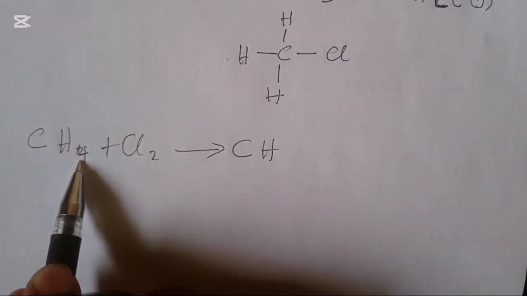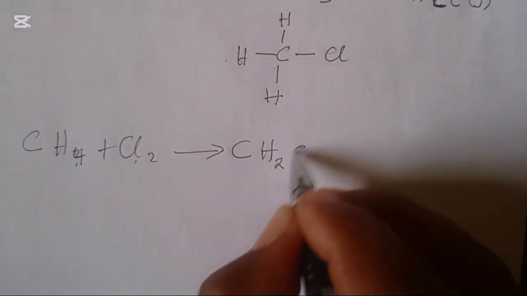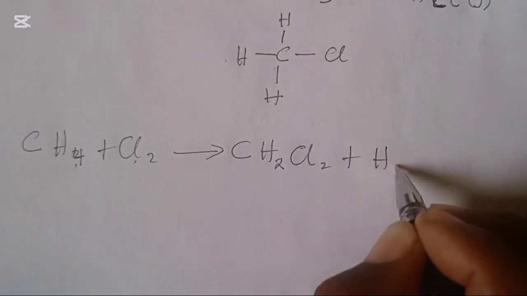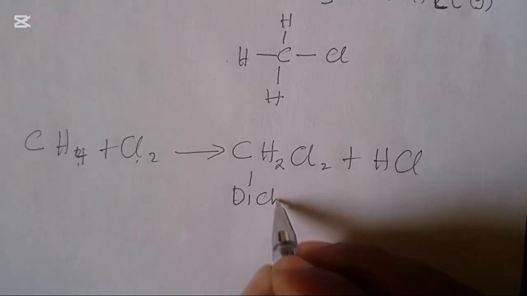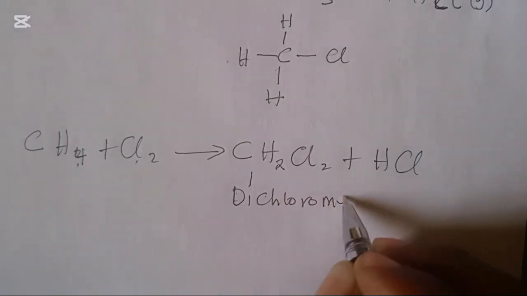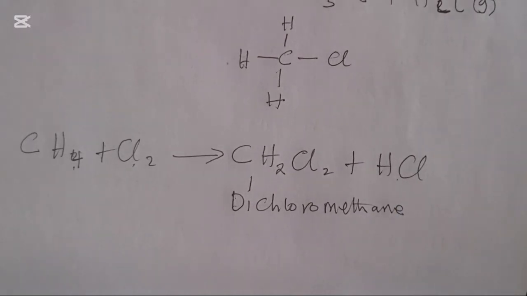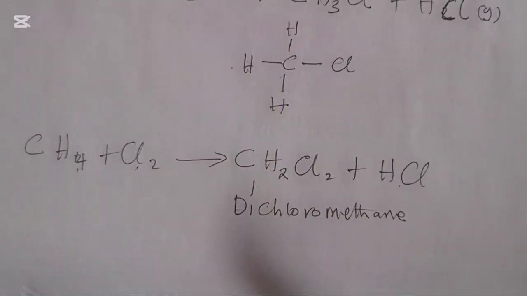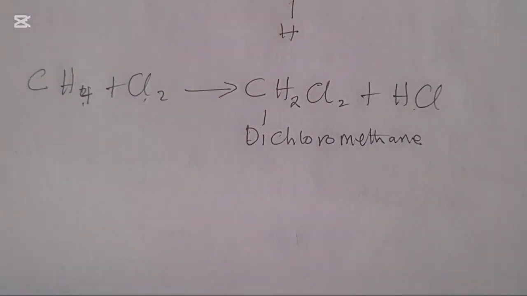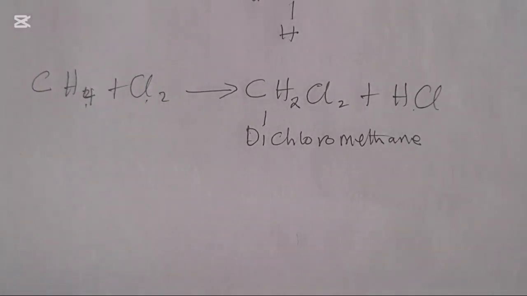So when two hydrogen atoms are replaced by two chlorine atoms, we are going to have dichloromethane plus hydrogen chloride. Okay, so the structure, we are going to have chlorine this side, chlorine that side. Then when three hydrogen atoms are replaced by three chlorine atoms, we are going to have trichloromethane.